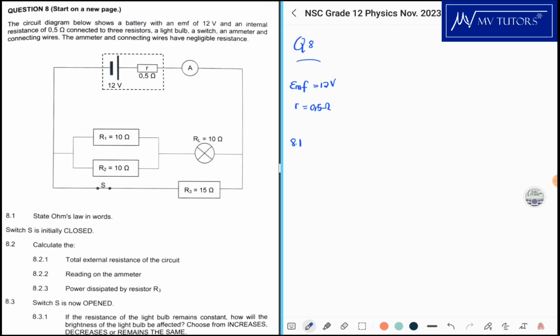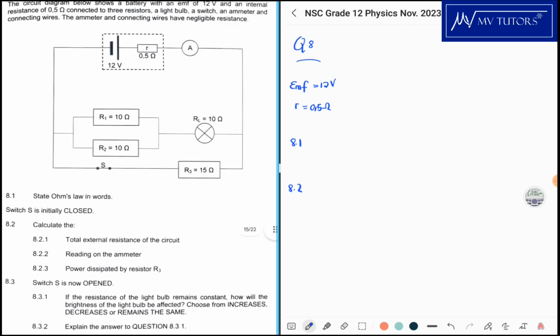Also remember, potential difference is directly proportional to the current, but if you want to be more specific, you say the potential difference across a conductor is directly proportional to the current in the conductor at constant temperature. Now before we get to 8.2, they tell us that switch S is initially closed.